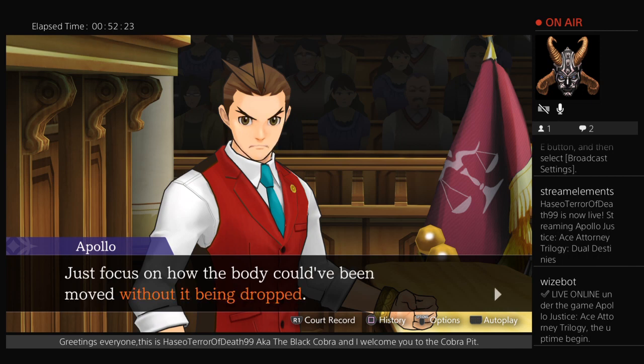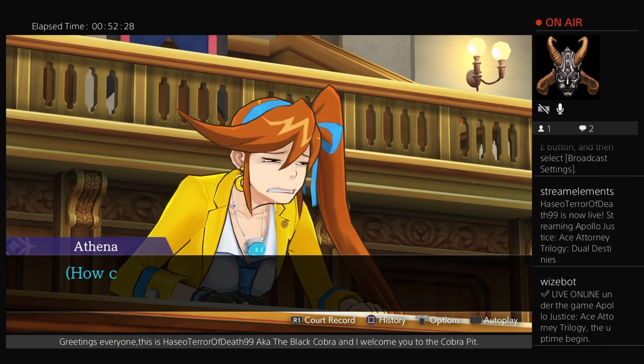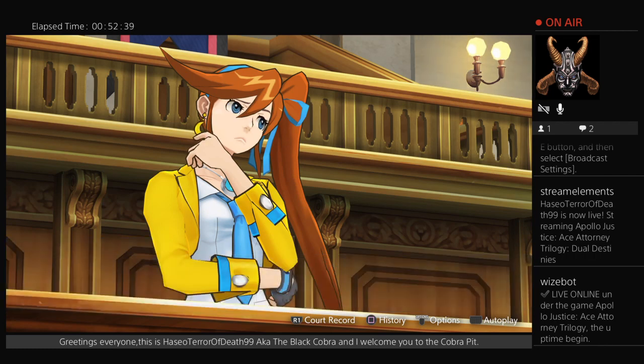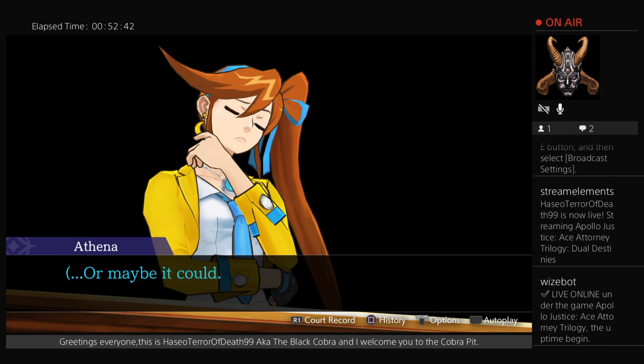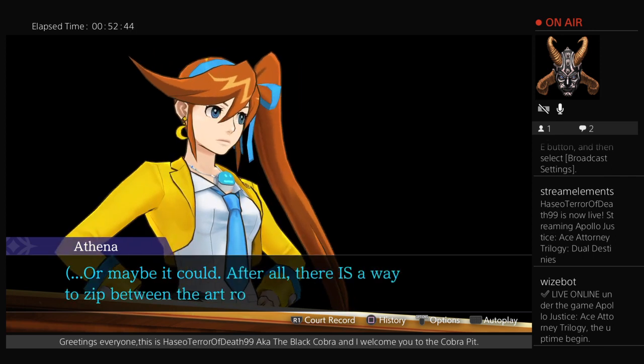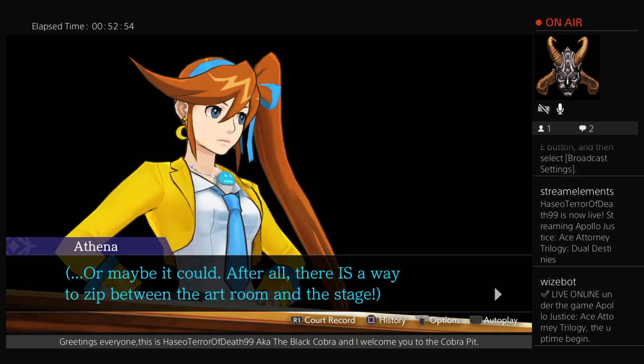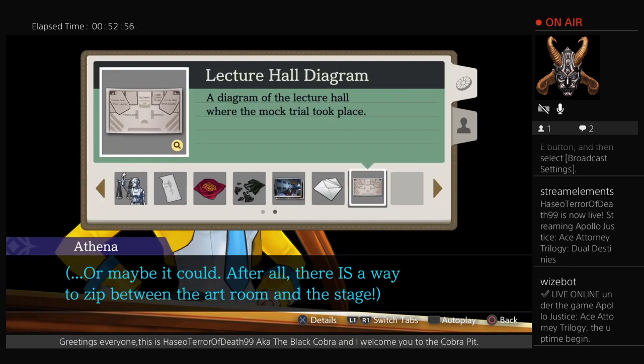Just focus on how the body could have been moved without it being dropped. Wait a sec. There is a way to zip between the art room and the stage. There is actually a way to do so.